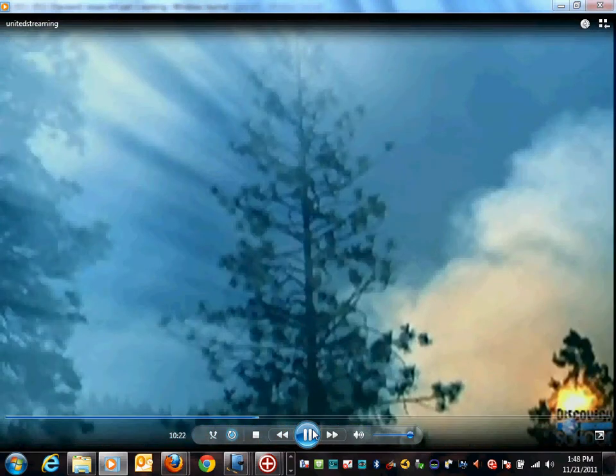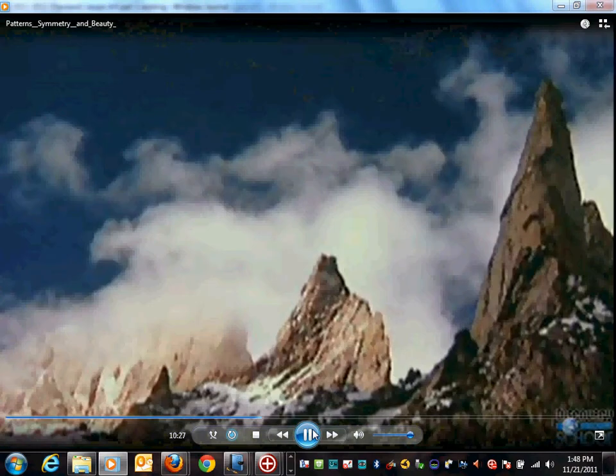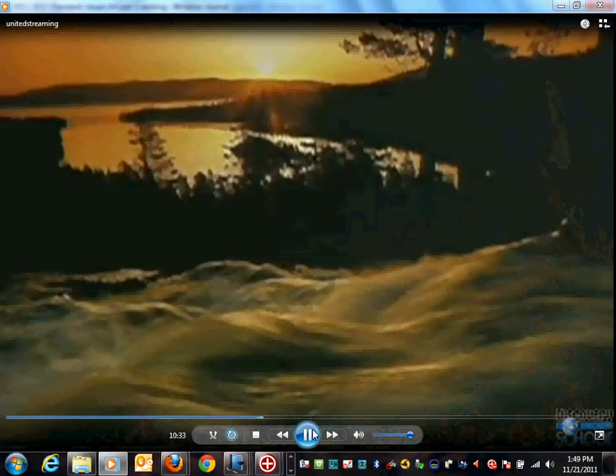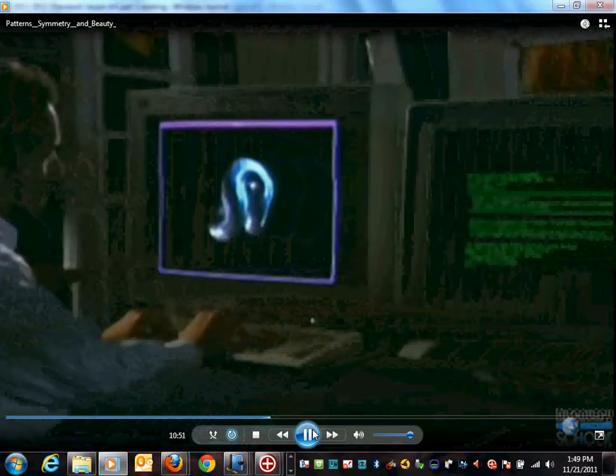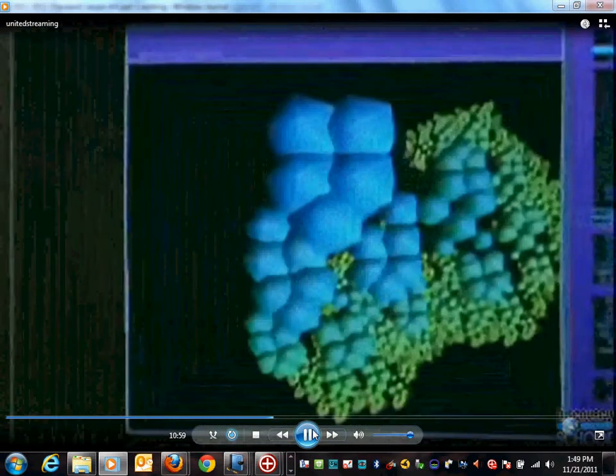That doesn't look like a triangle. How do you know? Fractals are patterns.